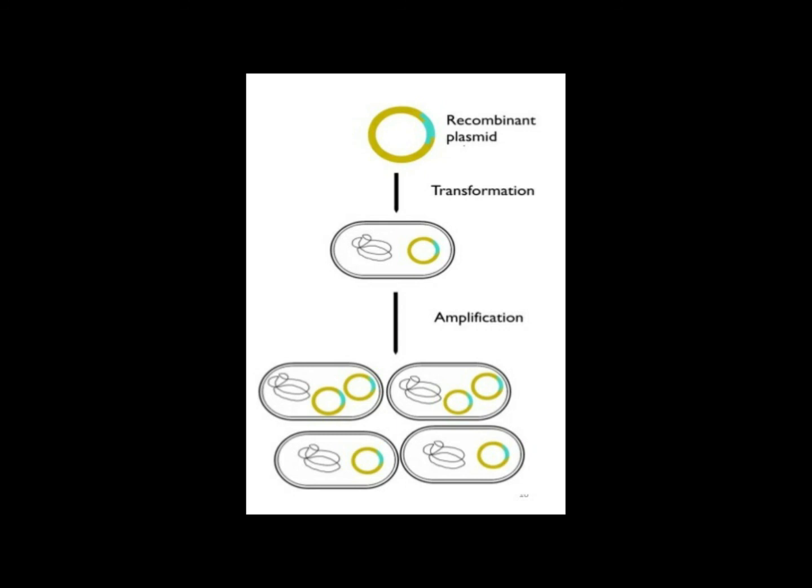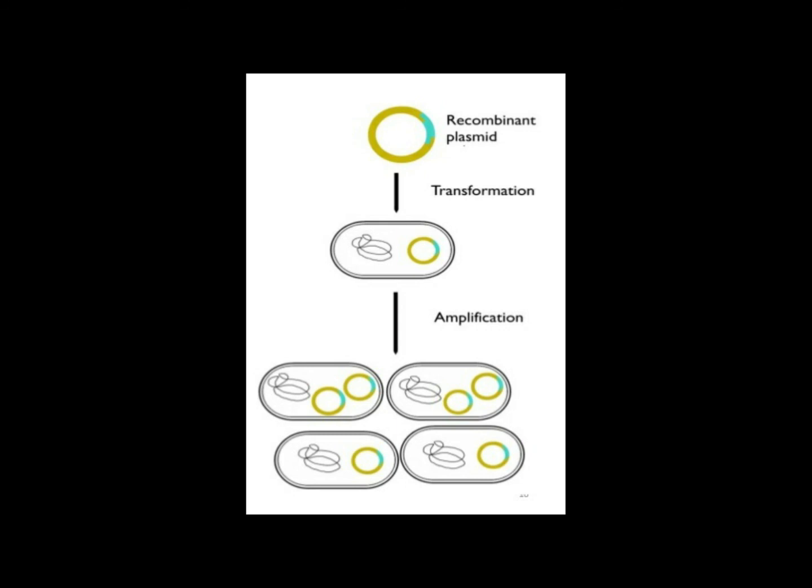What we want is we should get enough copies of a foreign DNA. So the vector should replicate inside the host cell and produce many copies of it, irrespective of the division of the host cell. The vector shouldn't wait for the genome of the host cell to replicate. It should have its own replication ability and it should be able to produce many copies because our aim is cloning of our gene.